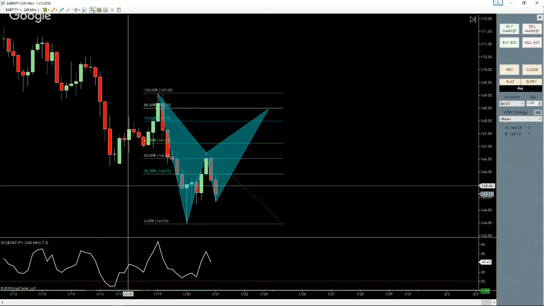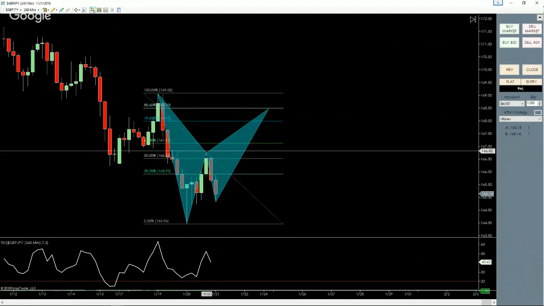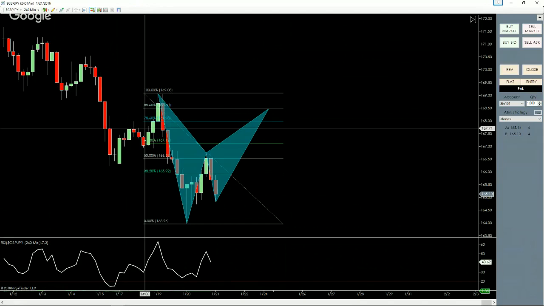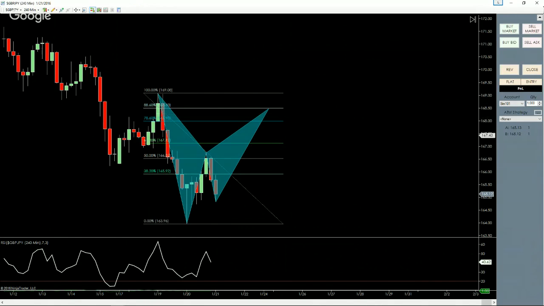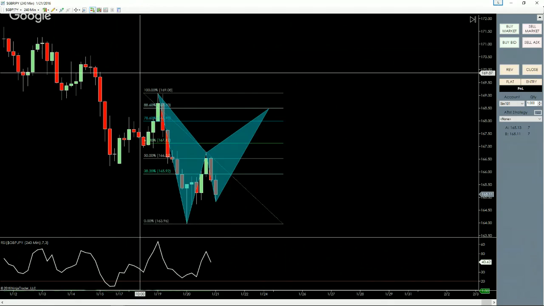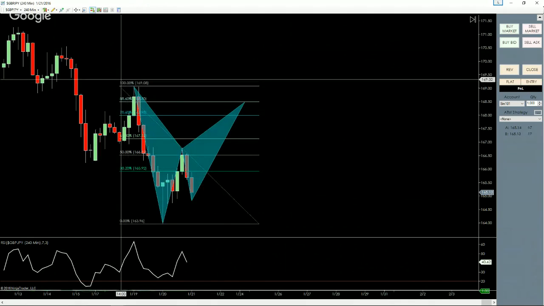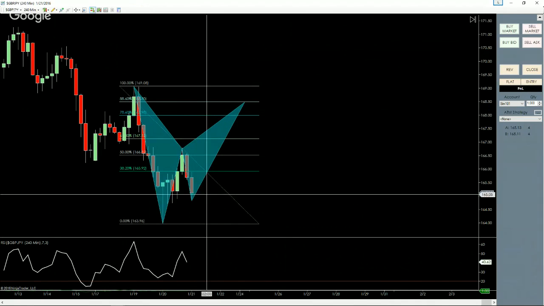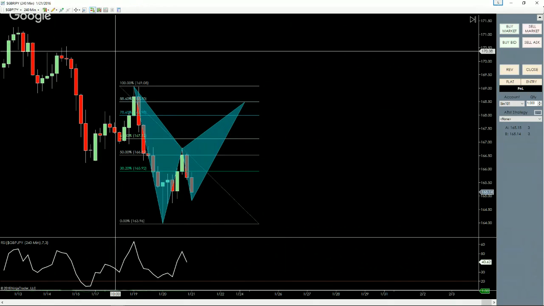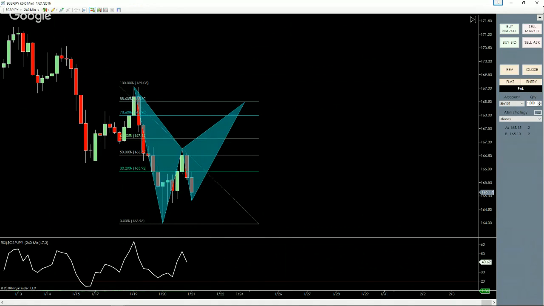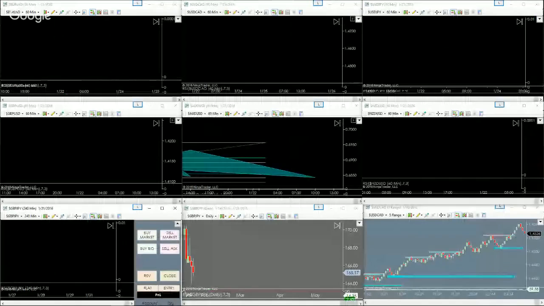It's something you want to put on your radar, but it's not something that could complete at this time. It's probably going to be around the US session where this one could complete, because we're still going to be waiting for price to pass this level right here, the B leg, and price to come up to our 886. And that's it.